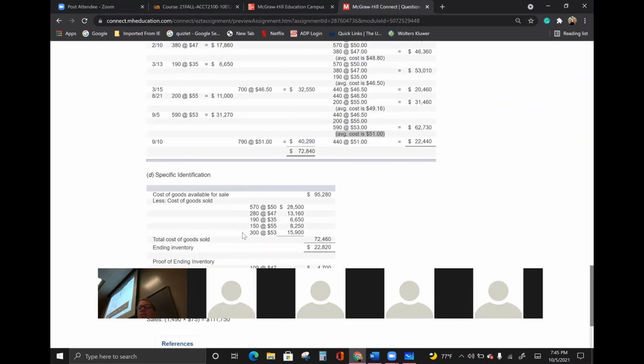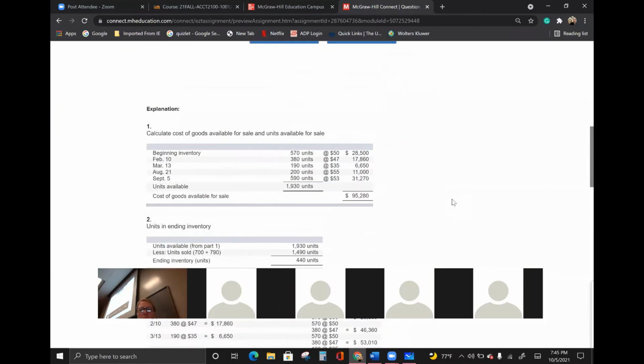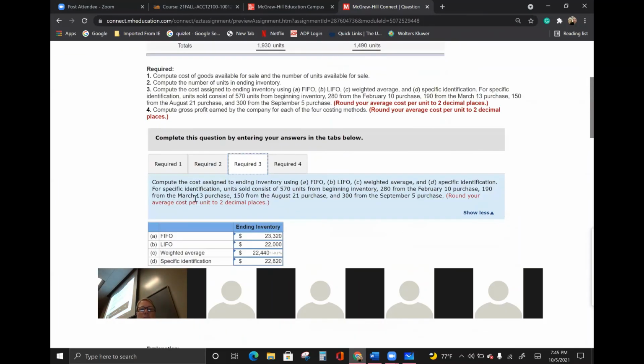It's telling you what batches you had that you sold. So you can calculate that out and then deduct it and you get your ending inventory. Does that make sense? So right here it says units sold consist of 570 from beginning, 280, and they're just going and grabbing the cost from those batches.